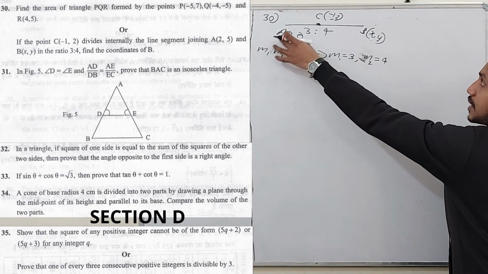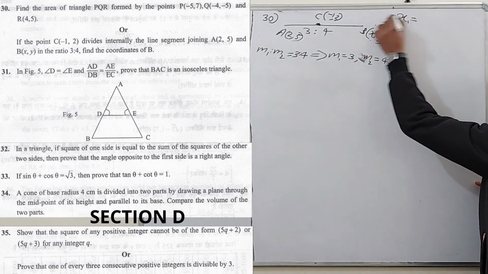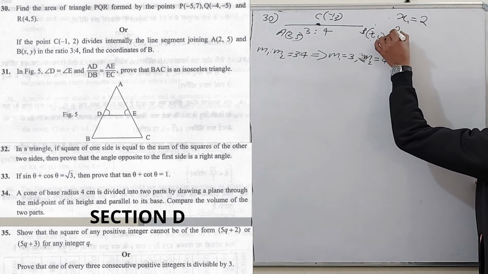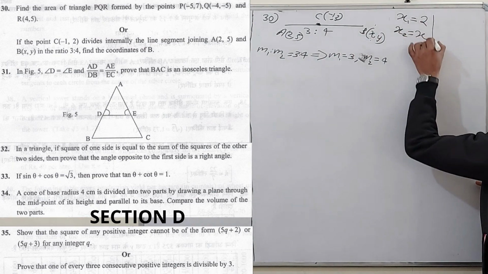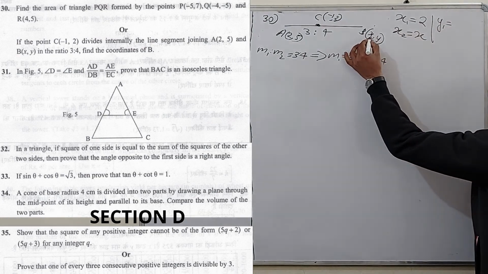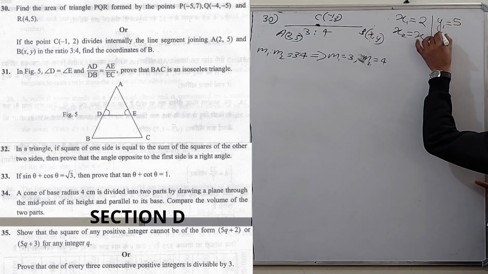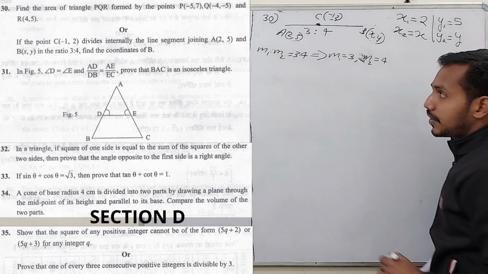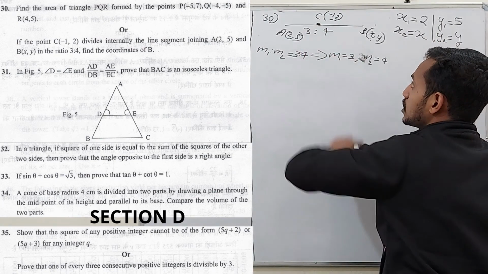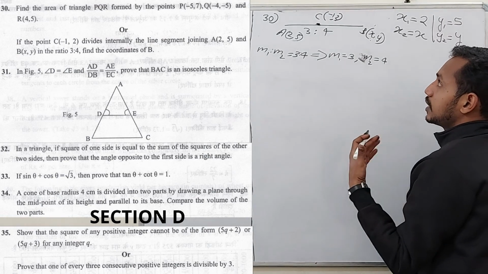Now write the coordinates x1, x2 like that. x1 is equal to 2, x2 is equal to x, and y1 is equal to 5 and y2 is equal to y. What is the formula we have to find the coordinates of the dividing point?